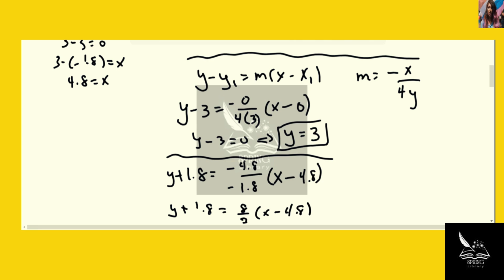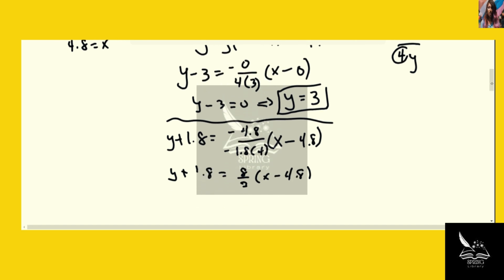Let's back up here. Getting a little messy. I forgot the 4 in the denominator for the slope here. So this is negative 4.8 over negative 1.8. Now the formula has a 4, so I have to multiply that by 4.